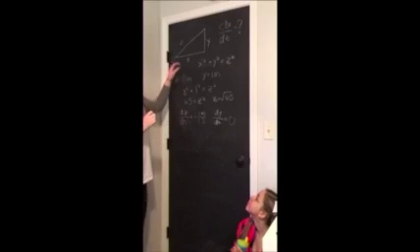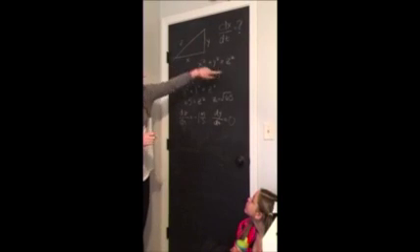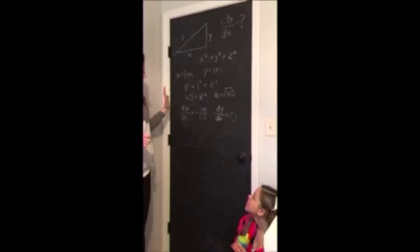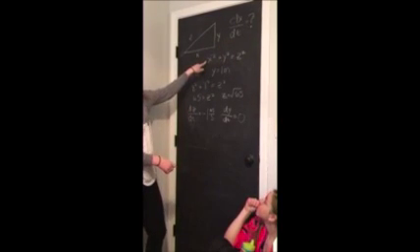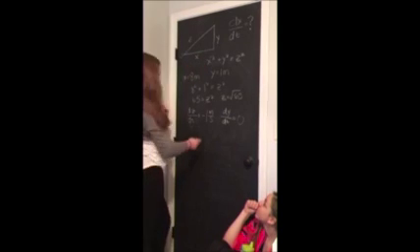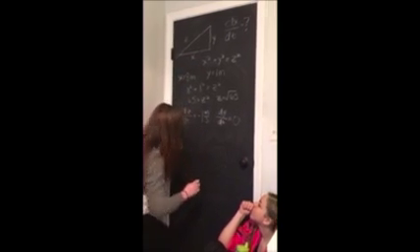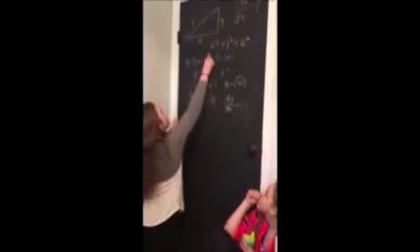To find this, we can take the derivative of the equation with respect to t. So we got the power rule.